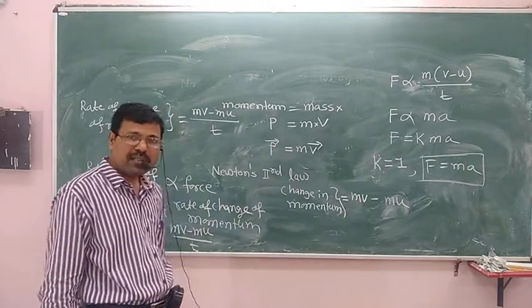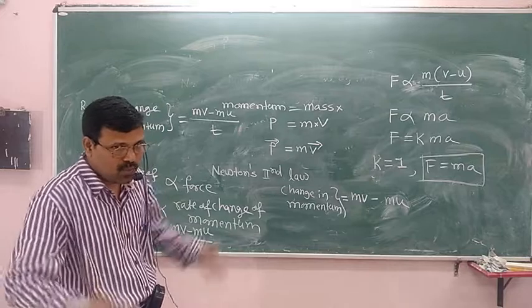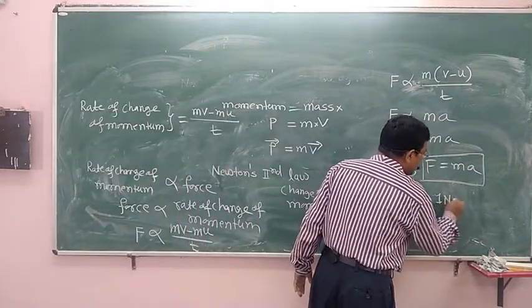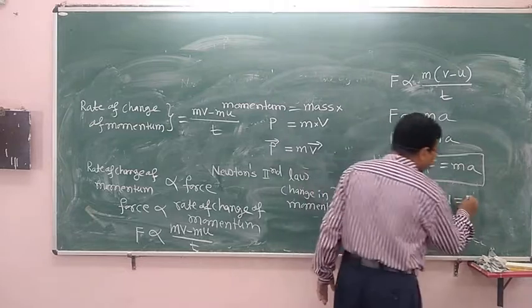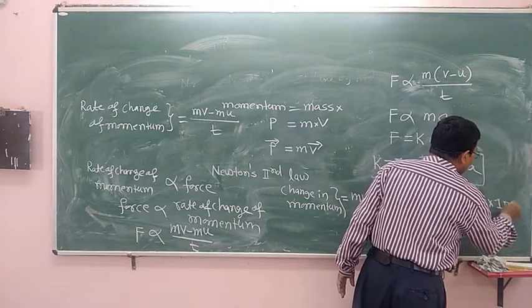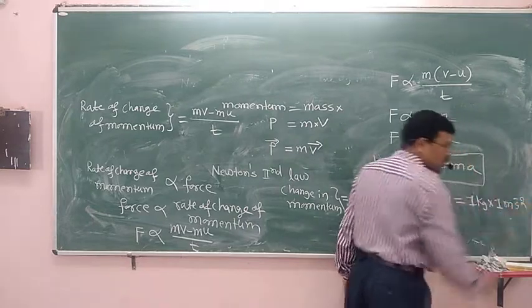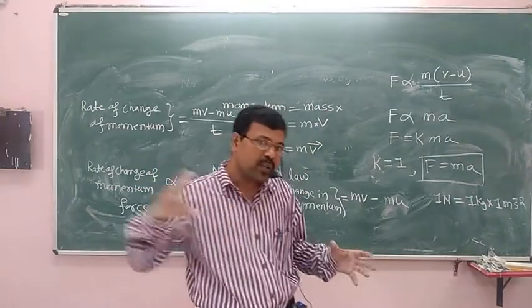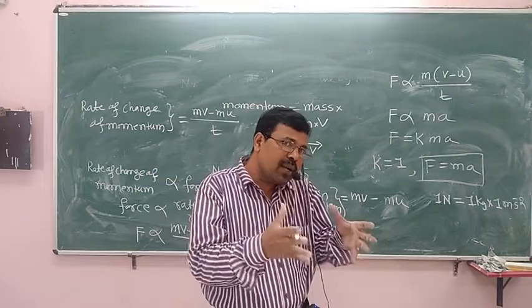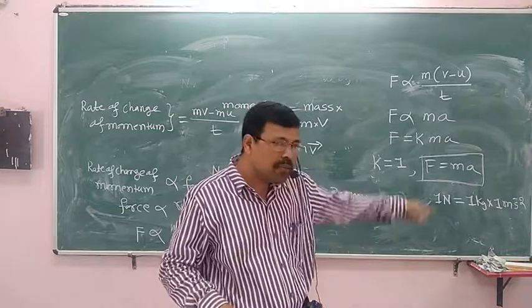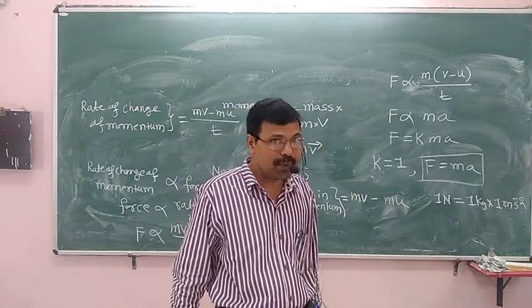From this we can define what is 1 Newton of force. 1 Newton of force is equal to 1 kg into 1 meter per second square. If 1 Newton of force is applied on a body of mass 1 kg, an acceleration of 1 meter per second square is produced in the body.